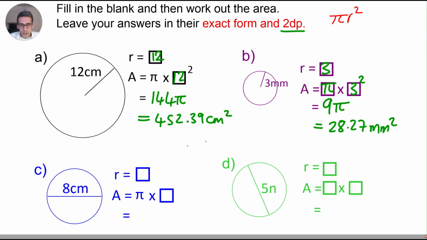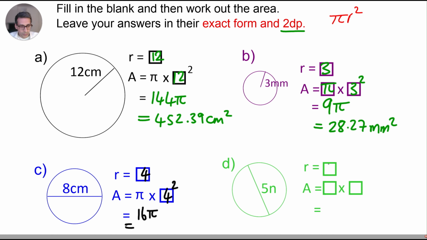Okay, try these 2 questions, pause the video and have a go, and then I'm going to give you the answers. Alright, so for the next question, we can see the radius is 4. You remember to half it, because that's giving you the diameter. So this becomes pi times 4 squared, which is 16 pi. And we'll come back to the decimal in a second.